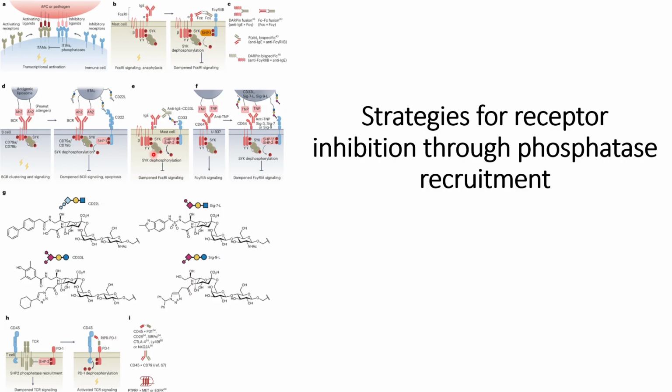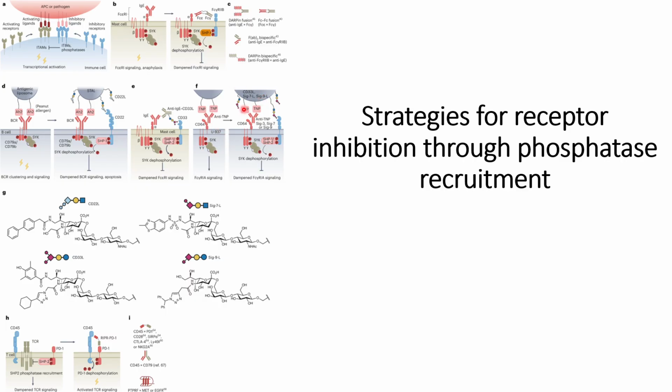It will cause dephosphorylation of SYK that will dampen FC gamma RI signaling. Another example of downstream signaling of FC gamma R1A is shown in panel F. Activation occurs using TNP, where TNP interacts with CD64, that will cause FC gamma R1A signaling activation through the intracellular phosphorylation of SYK. This example is about the U937 cell line.